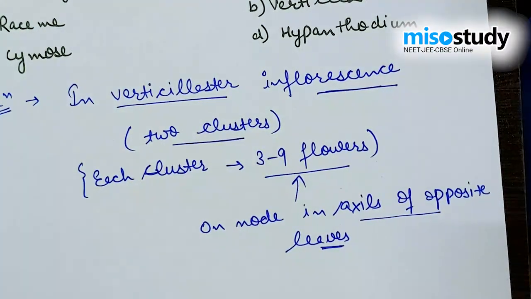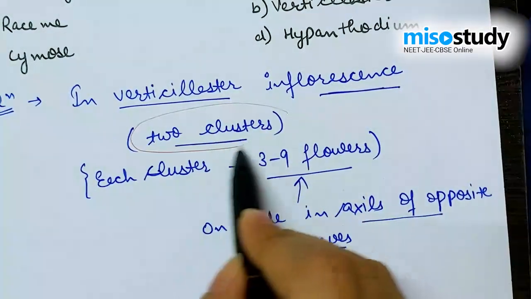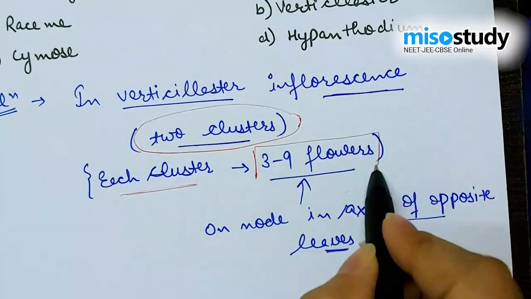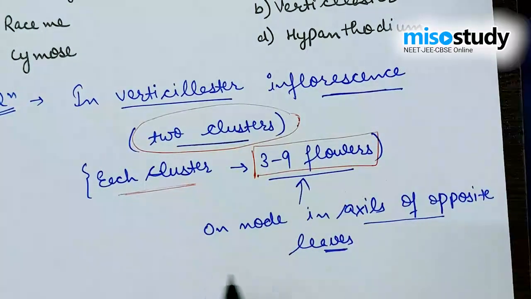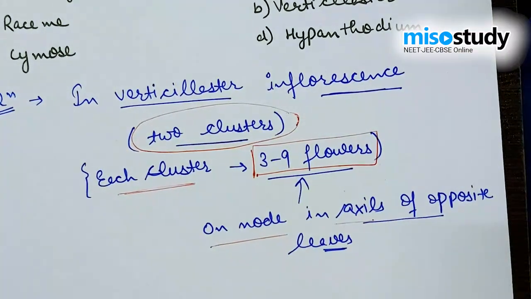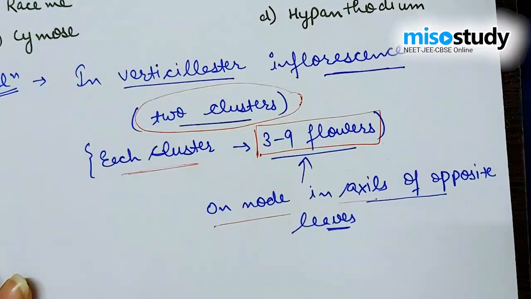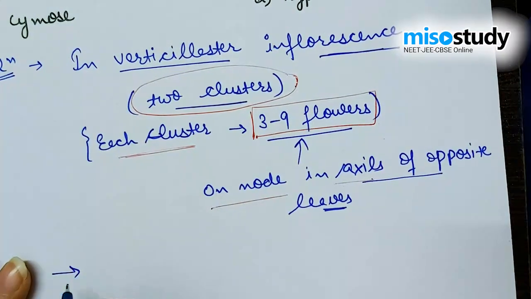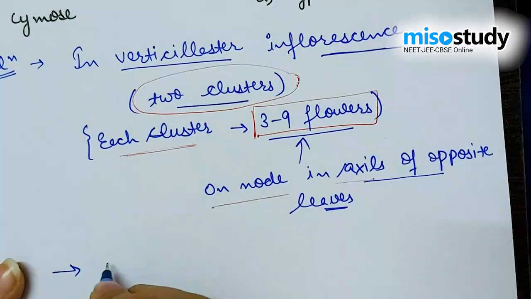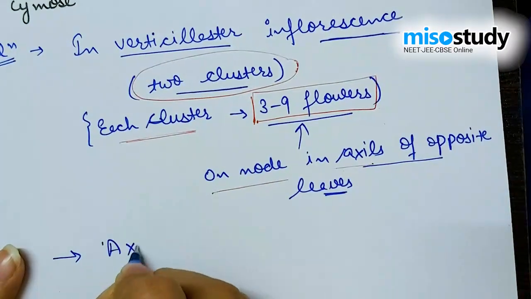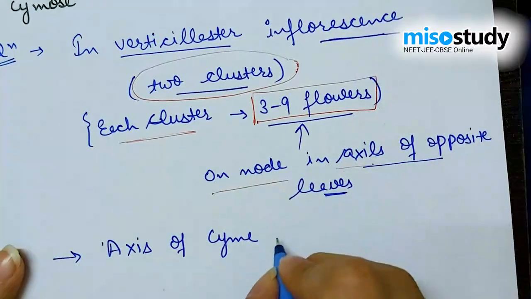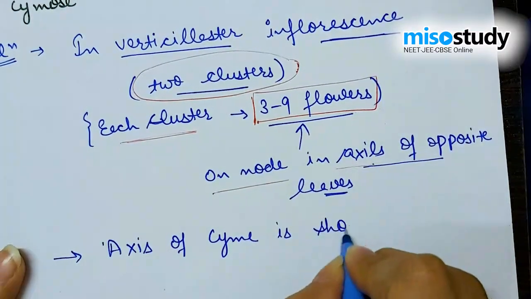In a generally Verticillaster inflorescence, there is a presence of two clusters. In each cluster there is a formation and presence of 3 to 9 flowers, and they generally arise on nodes in axils of opposite leaves. When we discuss the various kinds of branches and these clusters, the axis of cyme is shortened.